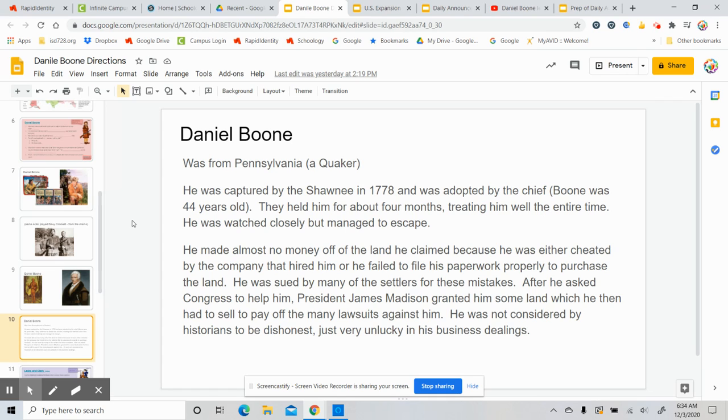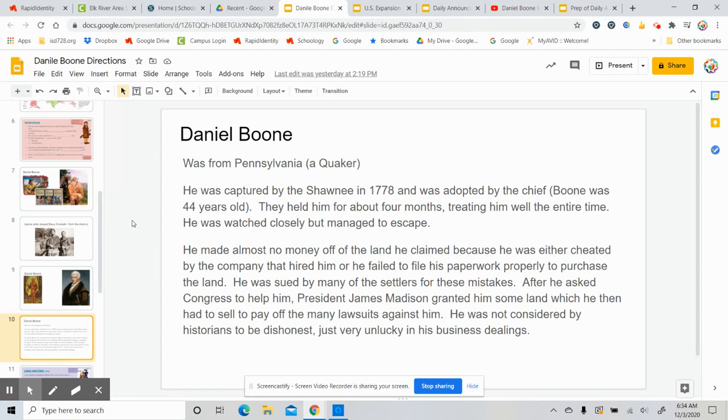And just a side note, they ended up getting kicked out of their church in Pennsylvania because their children, Daniel Boone's two older siblings, married people who were not Quakers. And since his father refused to condemn them for that, they said, fine, then you're all kicked out of the church. So that was kind of interesting.